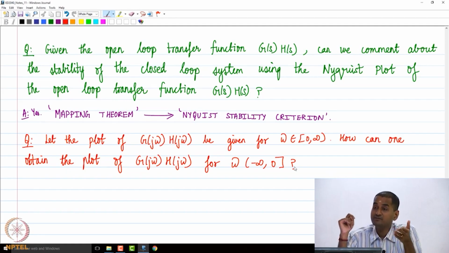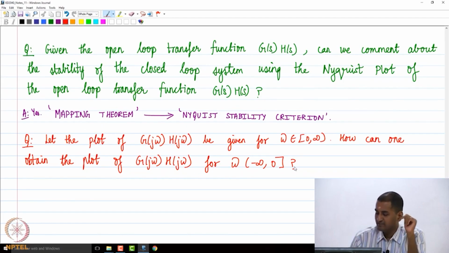How can I get the Nyquist plot of the same transfer function when I go from minus infinity to 0? Please try this out for all the transfer functions that we have plotted till now, and then figure out what happens.